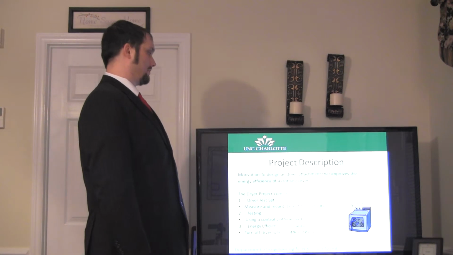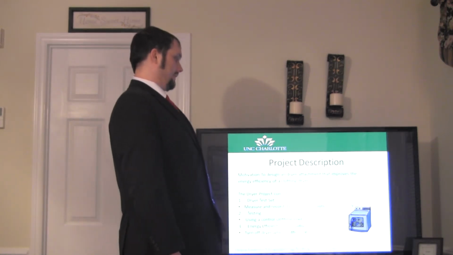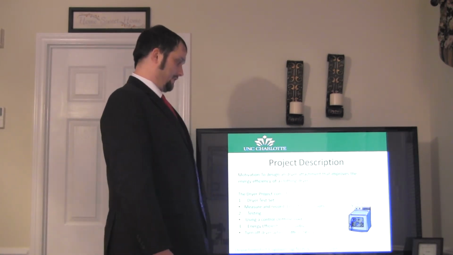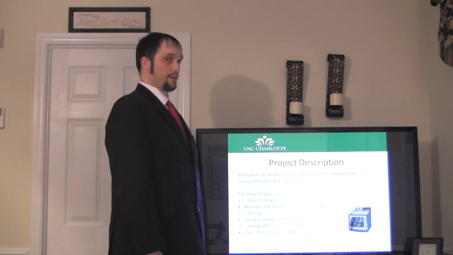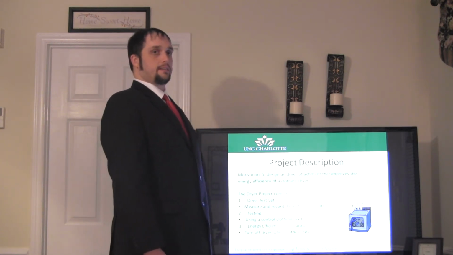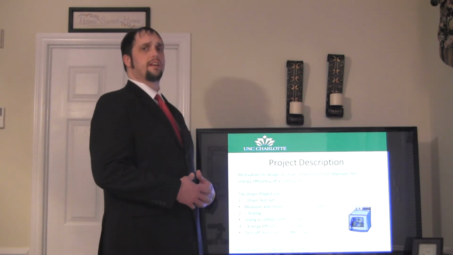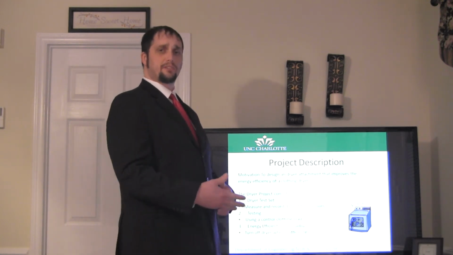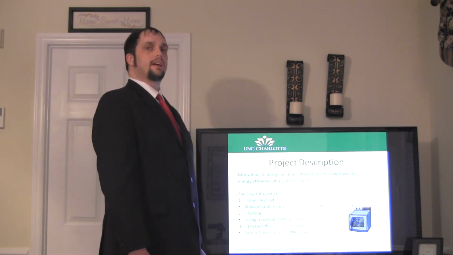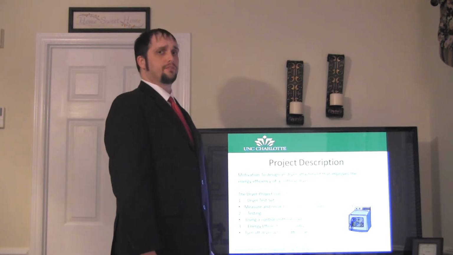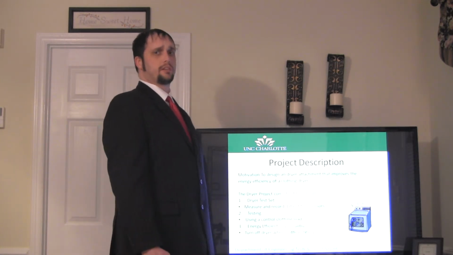The third portion of the project is to design an energy efficient dryer control, and from now on I'll be referring to that as a dryer attachment. And the dryer attachment will improve the efficiency of the dryer by simply turning it off when the clothes are dry.